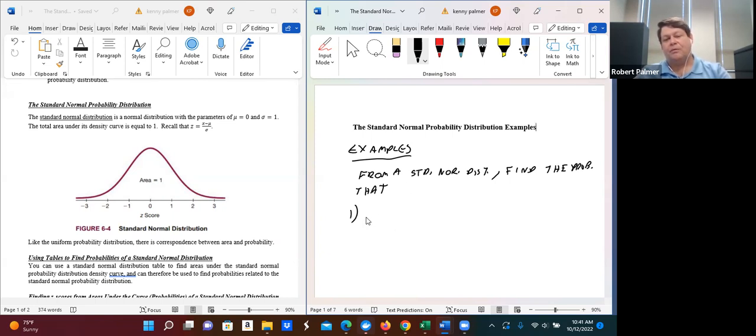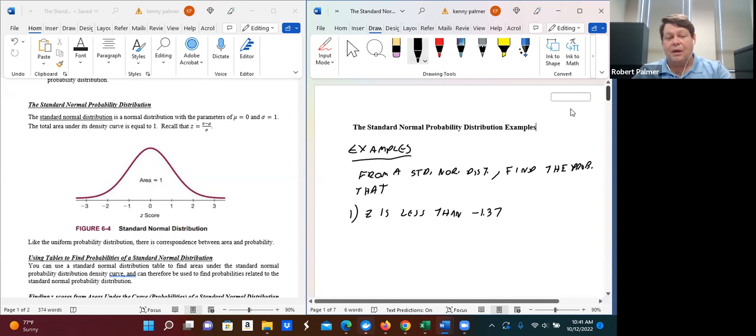Let's say the z-score, z is less than negative 1.37.